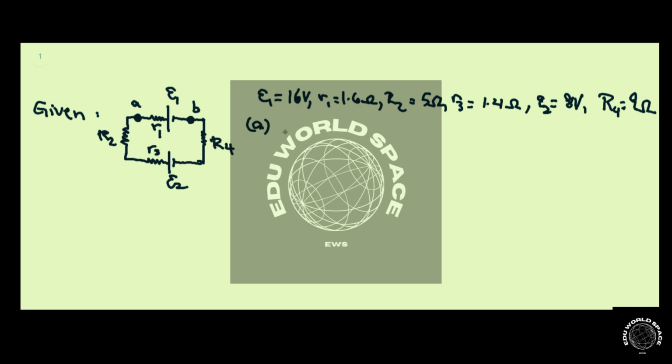In part A of this question, we're asked to find the current in the circuit, both its magnitude and its direction. So there are two batteries here, which means that the current could be flowing in one of two ways.